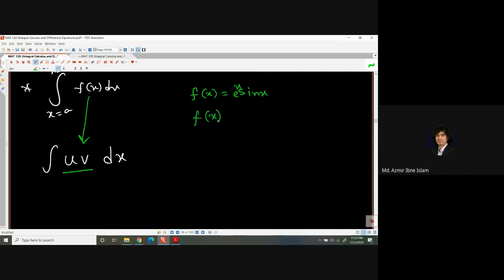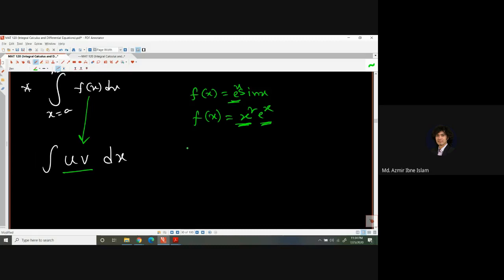We may have f of x equal to x squared e to the power x. So you can see that we have one part and another part, which means these two parts are in product form. E to the power x and sine x are again in product form. So now we have to know how to deal with this type of integrals where we have u times v form.